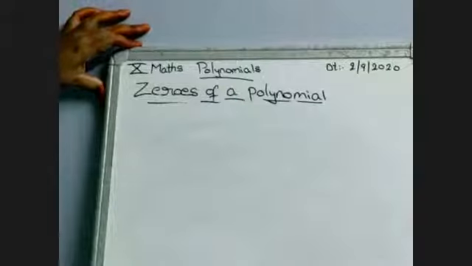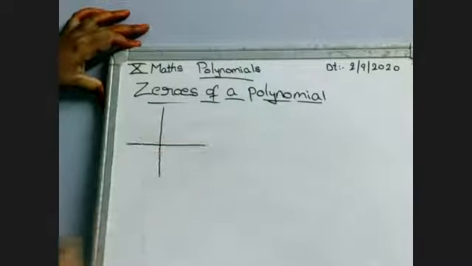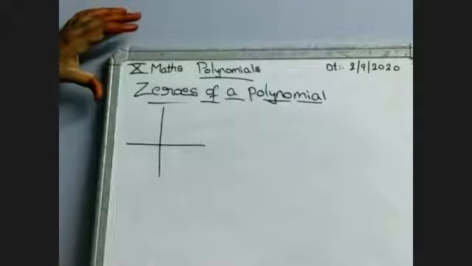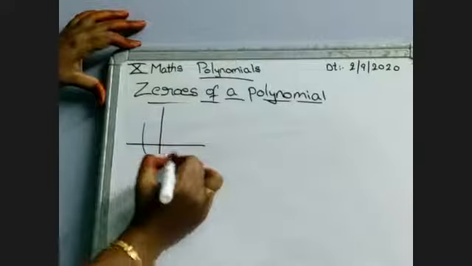So see some more examples for this. Suppose you take a curve like this, whatever it may be, it will come like that only.